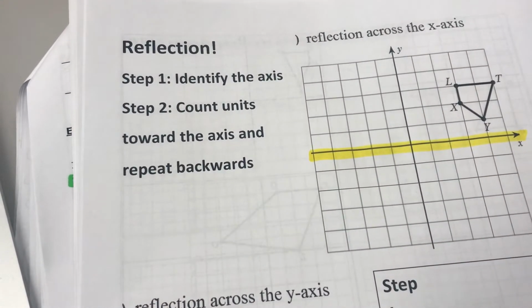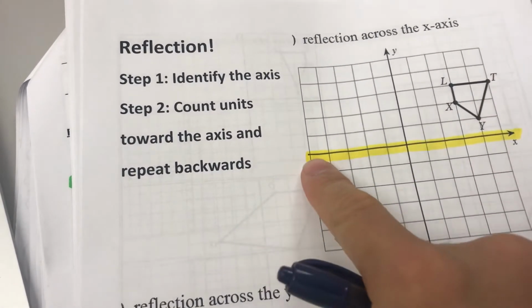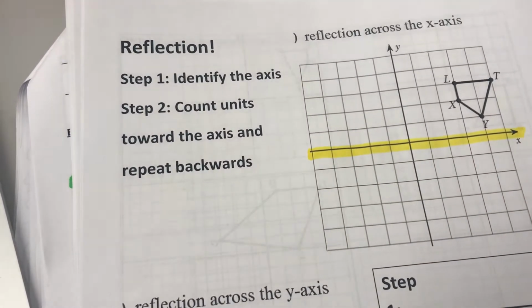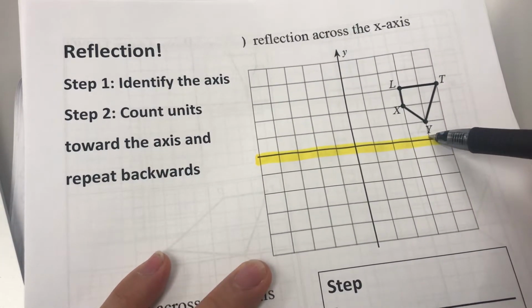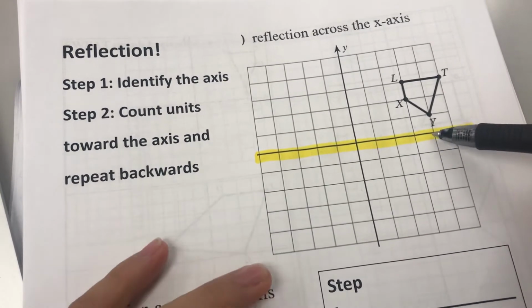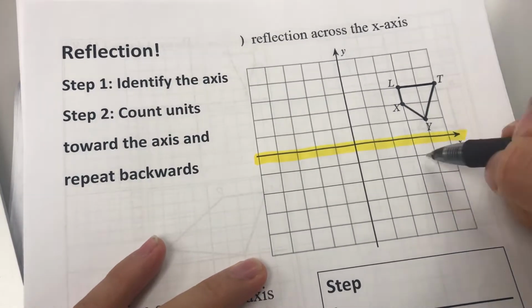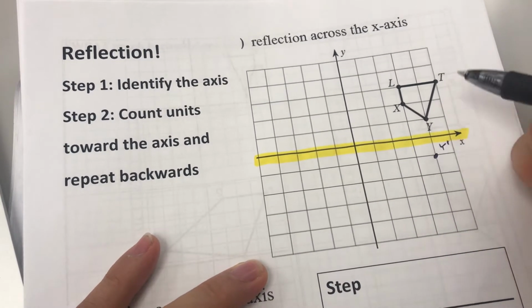Now, the steps are easy. If they want this to be reflected off of this, and this is your mirror, what you do is you simply count towards the mirror. So this is 1 unit away, and then you basically repeat it but backwards. So y prime here would be 1 unit away this way, okay? So let's look at x.